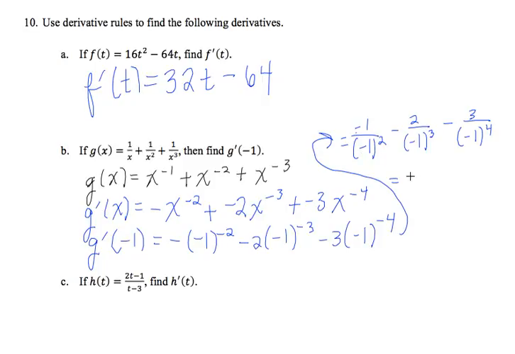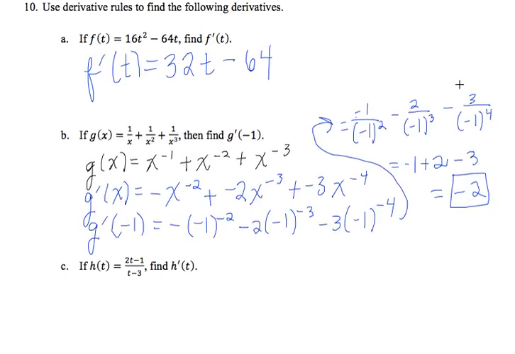So the first term is just negative 1. Negative 1 cubed is negative 1. So negative 2 divided by negative 1 is positive 2. Negative 1 to the 4th is positive 1, so the last term is minus 3. So negative 1 plus 2 is 1. Minus 3 is negative 2. Lots of negatives going on there, so hopefully you were careful with your arithmetic on that one.